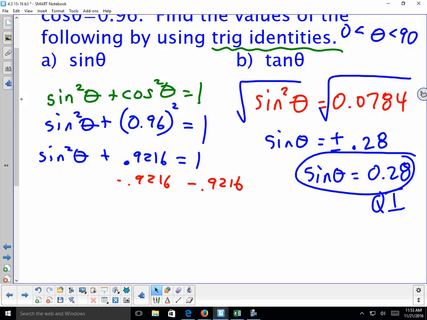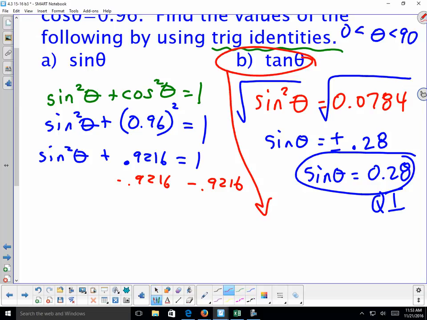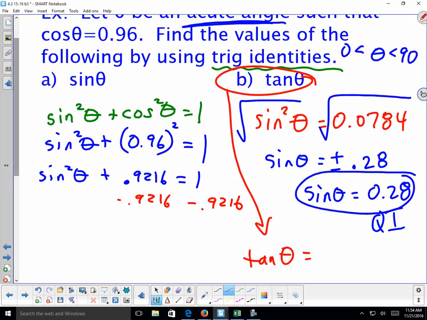So in order to find the answer for B now, we want to find the tangent of theta. Which trig identity involves tangent and cosine, and now we could use sine also, because we have the value for sine and we had the value for cosine. So which trig identity involves those, Danny?